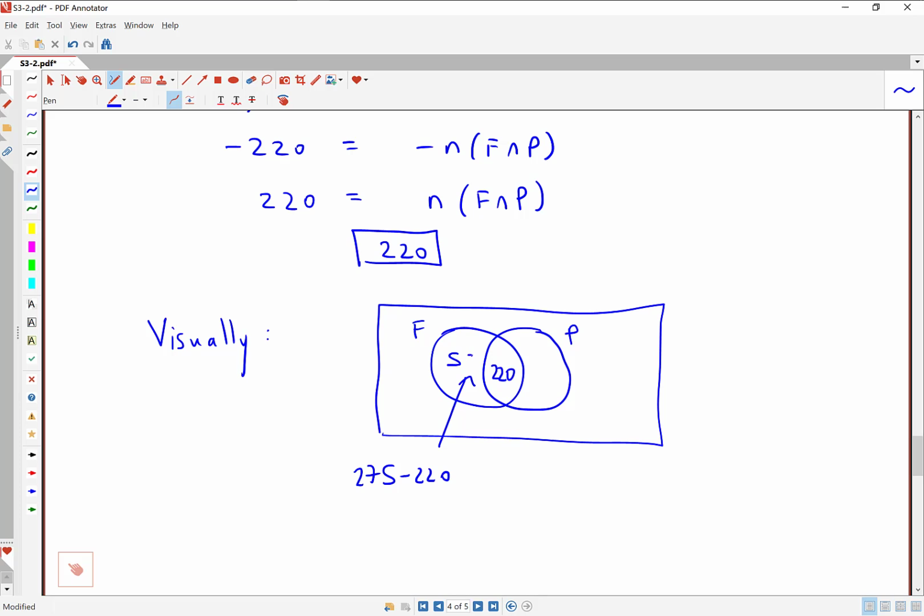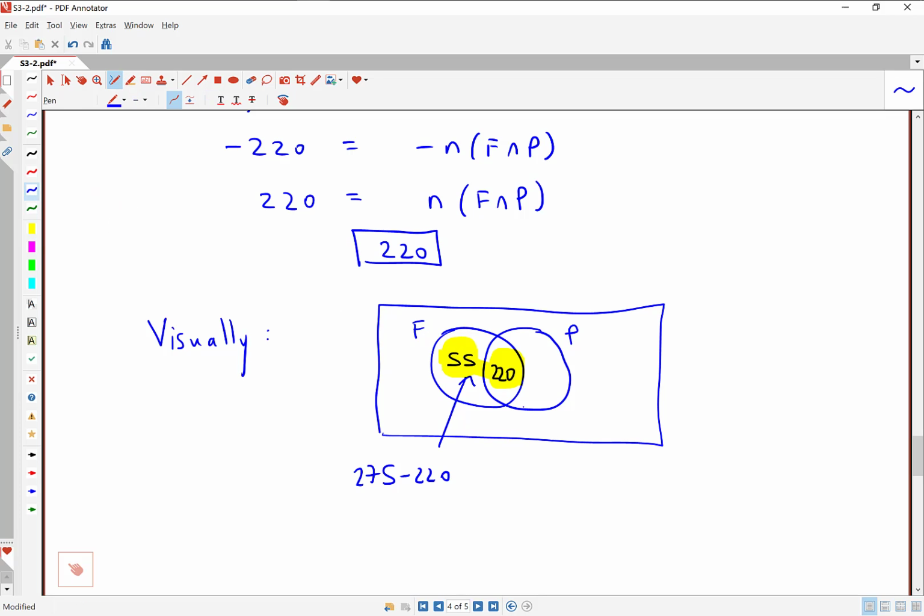So that would give us 55 people here. So in total, you've got 275 full-time employees. 220 of them are also permanent, and 55 of them are full-time but not permanent. So that's what we're seeing so far in our diagram.